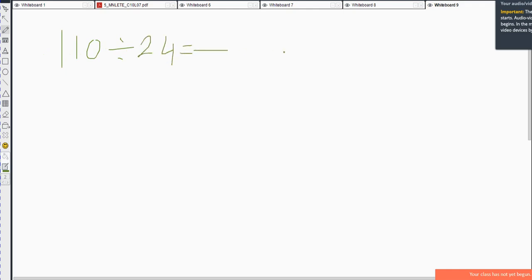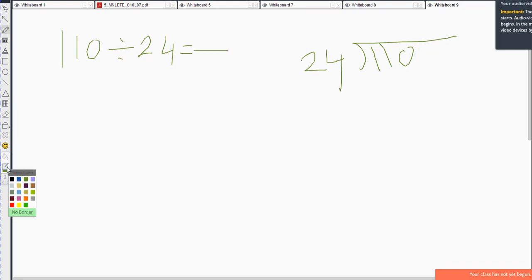Okay, let's divide it together. Long division, 110 divided by 24. Firstly, we have 3 digits up, so we write it here, 3 digits. And 1 divided by 24 can't be, so we'll put 0. 11 by 24 equal the same, 0, and take 110. 24 multiplied by what equal to 110.